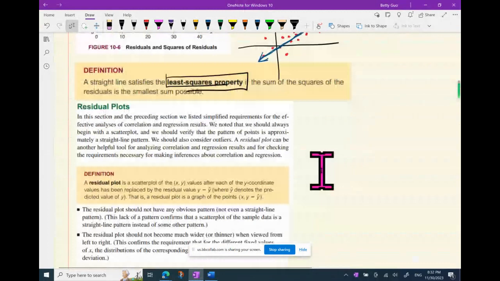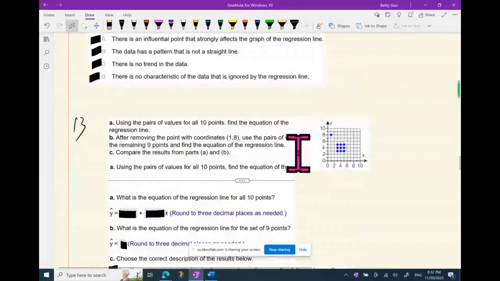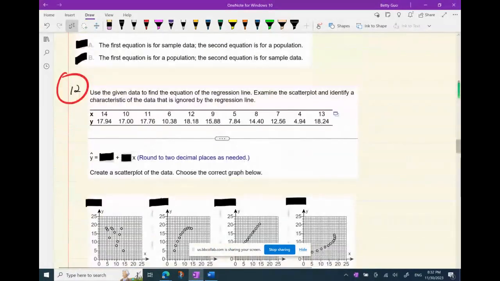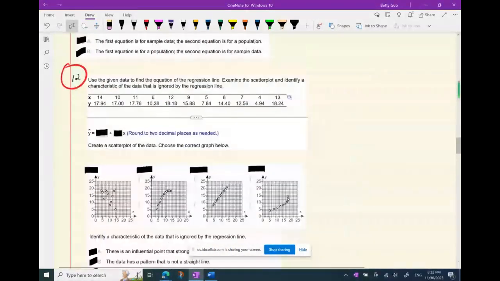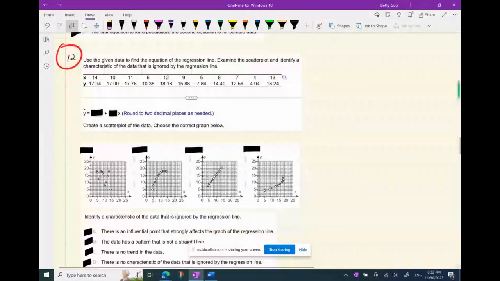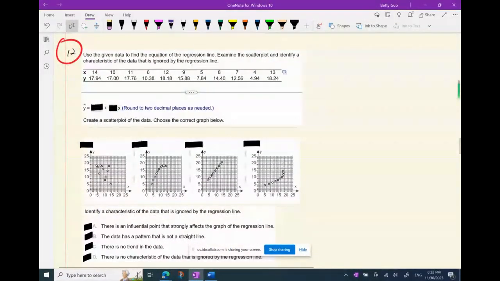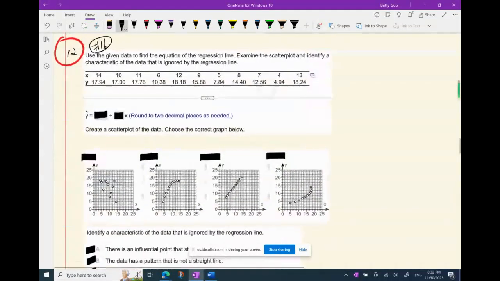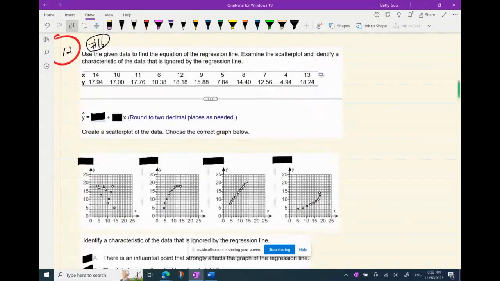12, 15, 19, right? Okay, number 12. This problem would be very similar to question 16 on the test. Take your time. Okay, I'm not going to do it this time.